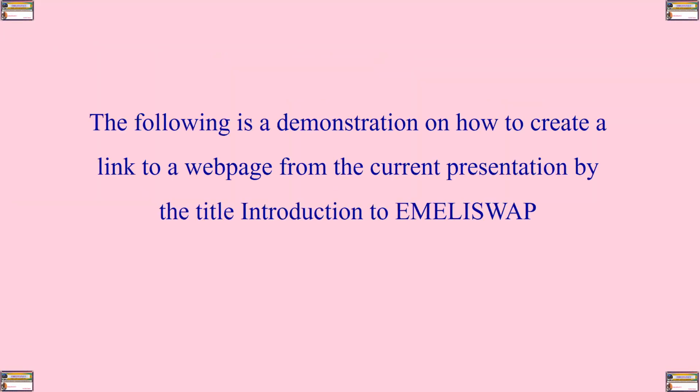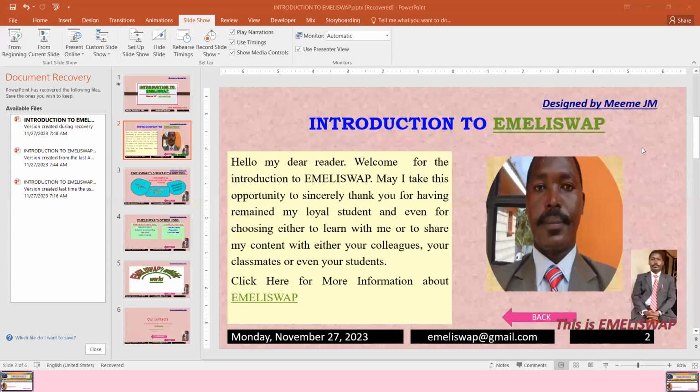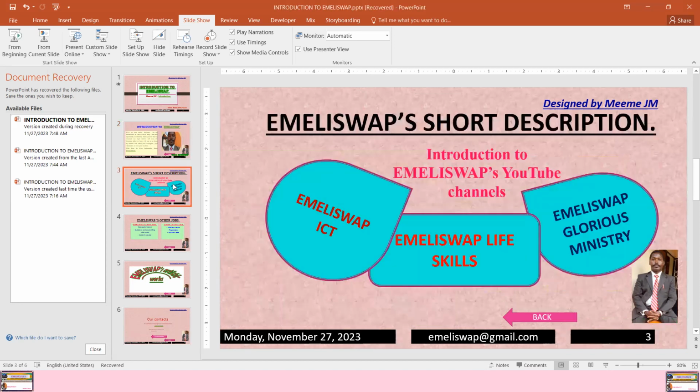The following is a demonstration on how to create a link to a web page from the current presentation by the title Introduction to MLSwap. While in this presentation, we can create some links to these channels.